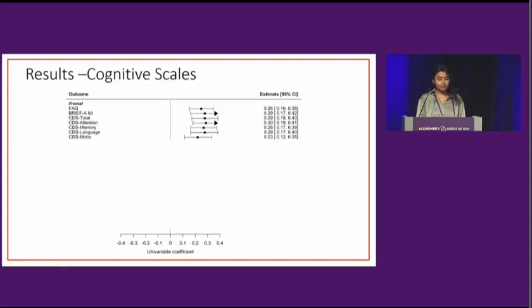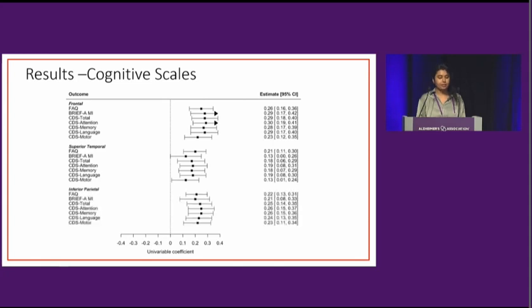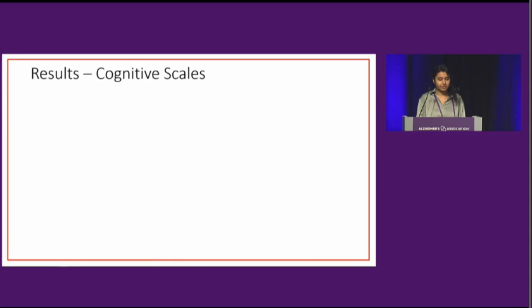We used forest plots to show estimated effects of regional p-tau pathology on standardized cognitive scales. Here, the whiskers represent the 95% confidence intervals, and once again, it was a scale of 0 to 3. We found that p-tau severity in the frontal cortex, the superior temporal cortex, and the inferior parietal cortex was significantly associated with all the cognitive and daily function skills.